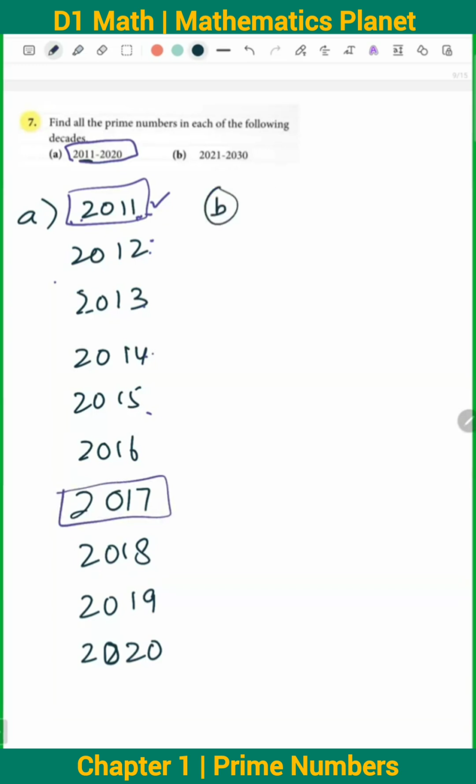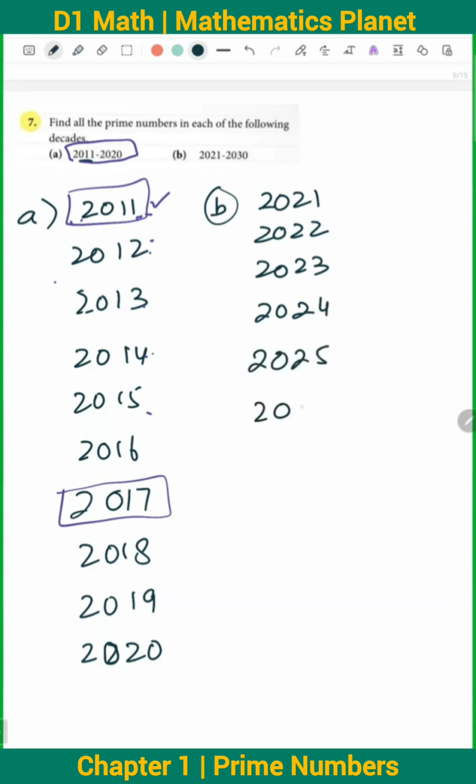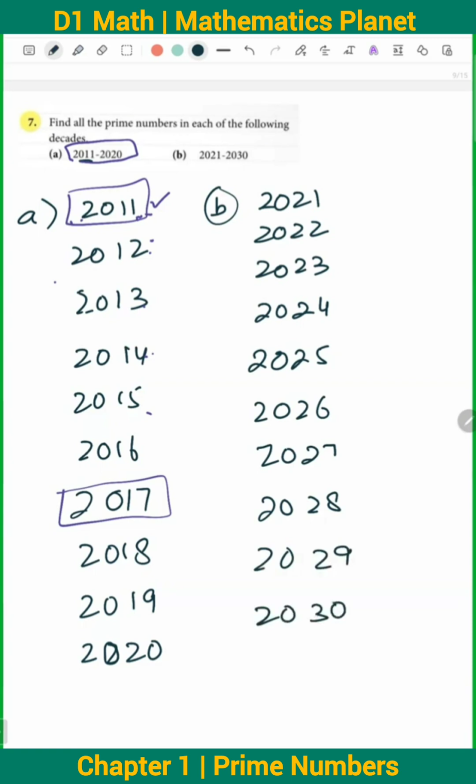So let's just write 2021 to 2030. Which are the prime numbers? 2027 and 2029.